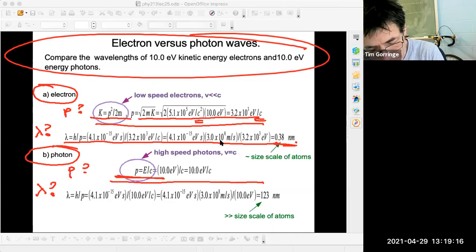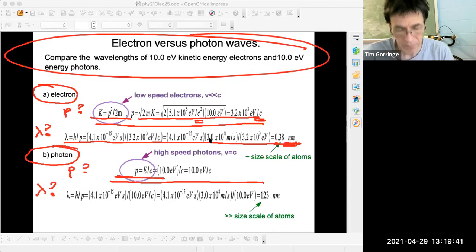I've got to plug in that speed c, 3 × 10⁸ meters per second, the speed of light. That's going to give me the meters, which I need because I'm calculating a wavelength. It will also give me inverse seconds that cancel out the seconds from Planck's constant. So I hope that helps. Otherwise, we wouldn't have had the units right in that equation.